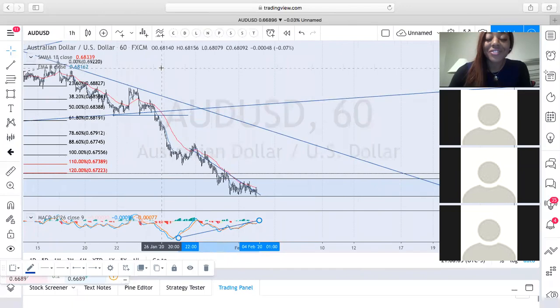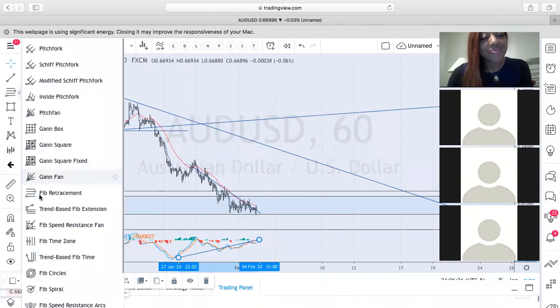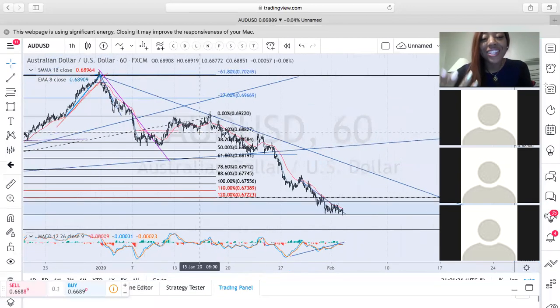How do you add negative 27 and 61 on your fib? So that's the targets, where you take profit, like the negative 27 and negative 61. That's something like a private student lesson.